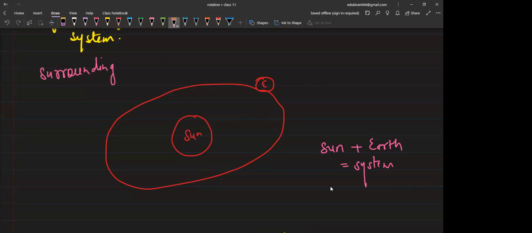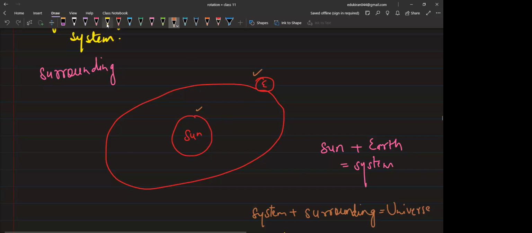So system plus the surrounding will make up the universe. So this is the system and this is the surrounding, anything which is present apart from our system. It's not necessary that we take the sun system only, any system which is present, meaning the area under observation.